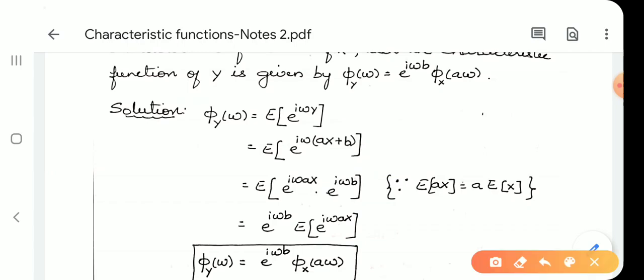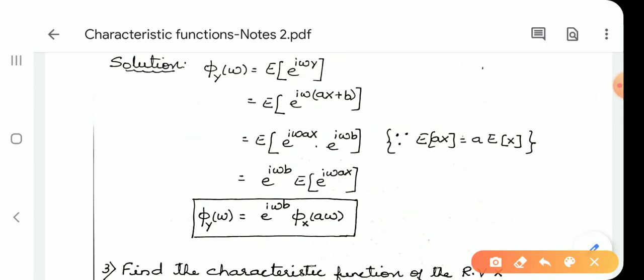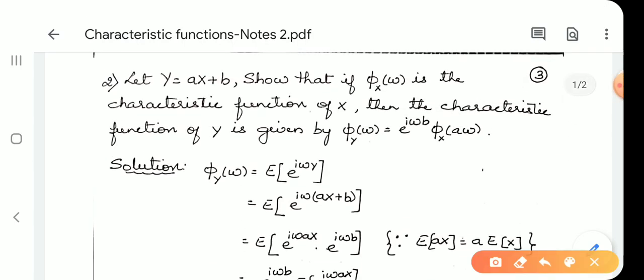By the definition of characteristic function, expectation of e to the power I omega ax is nothing but phi x of a omega. So phi y of omega becomes e power I omega b into phi x of a omega. This is what we have to prove according to the question.